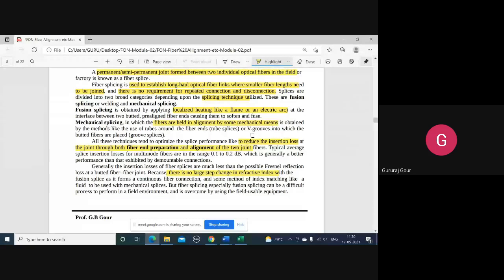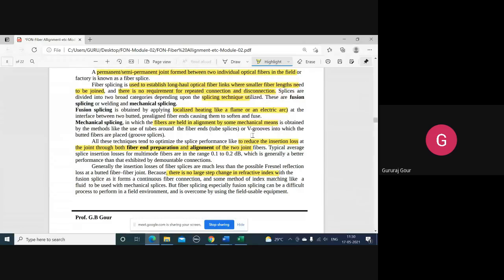While doing so, it becomes soft compared to either end of the fibers. Its characteristic features are different: its tensile strength will be reduced, some dimensions get changed, and no doubt some index matching fluid may be used, which we can see later in detail.